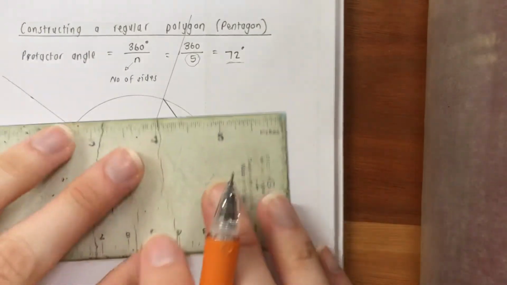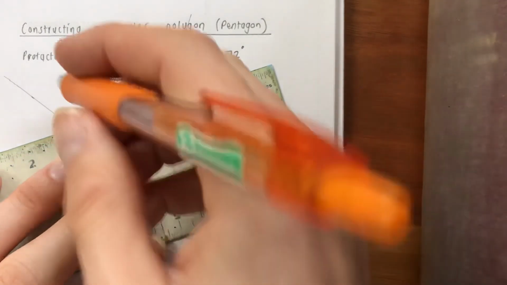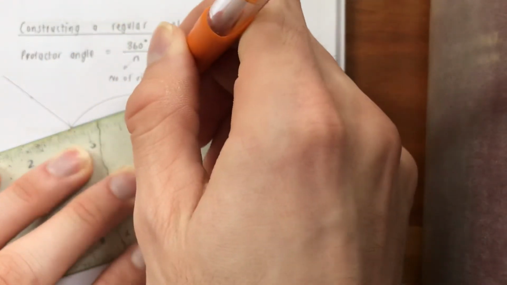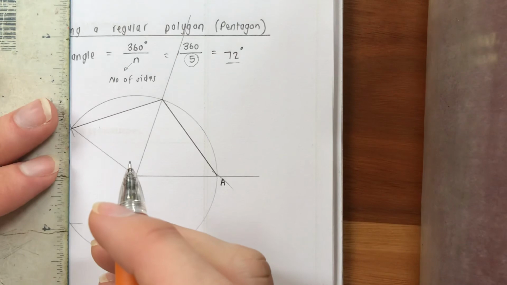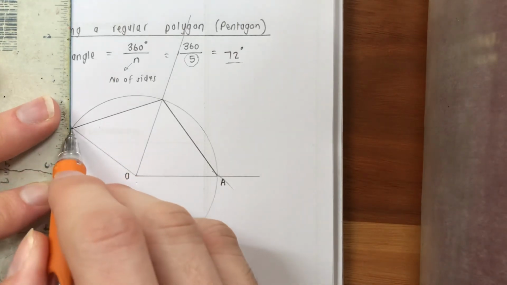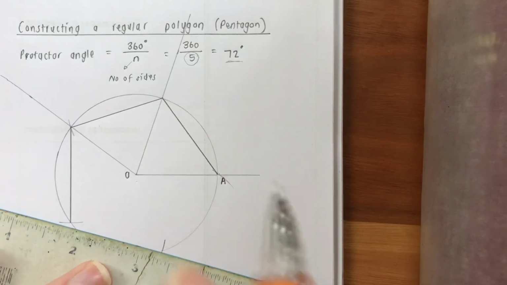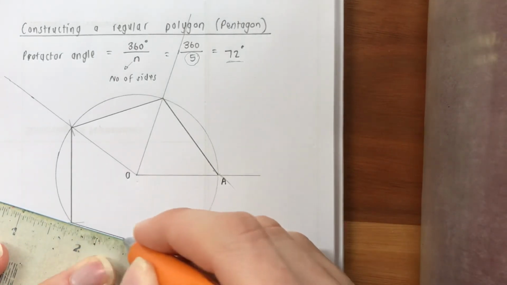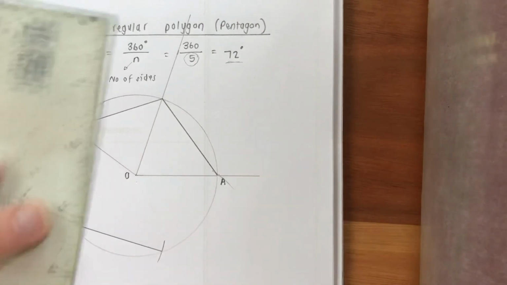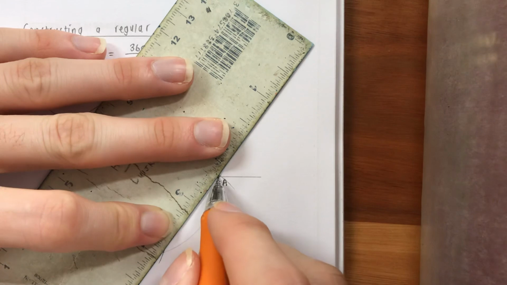So there we have one there, another one there. Okay, so you just connect everything and you'll see what will appear is a beautiful pentagon. Can you see it? It's looking very beautiful.